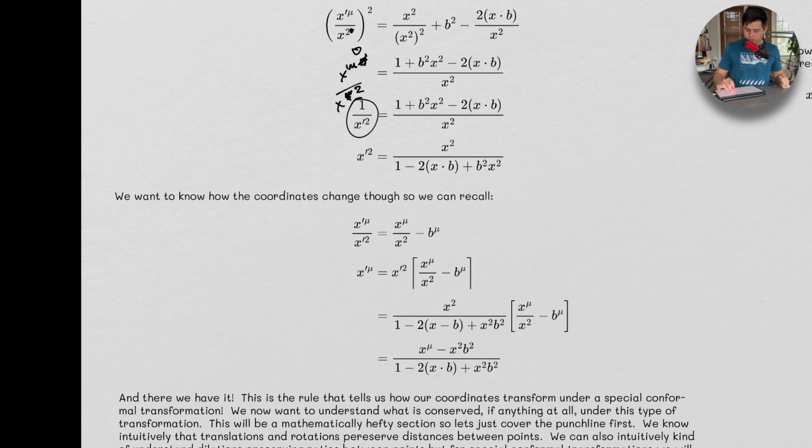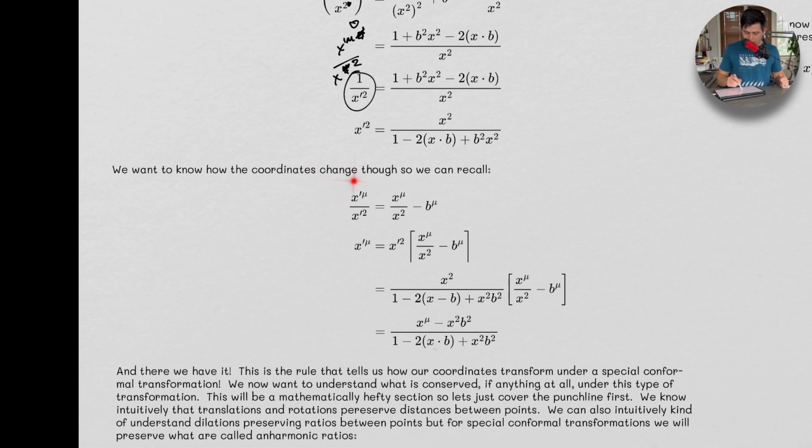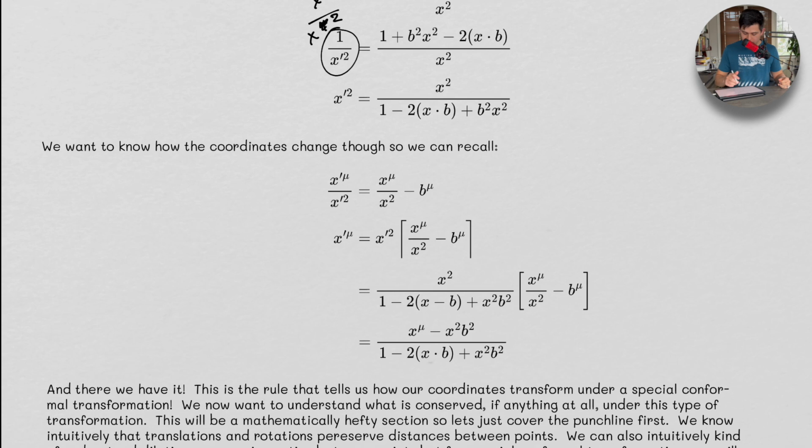All right. So, okay, we have this. We want to know the coordinate change though, right? So if we have this, then we can multiply, right? So if this is how our normalized coordinate transforms, well, this thing here, we just multiply both sides by x prime squared.